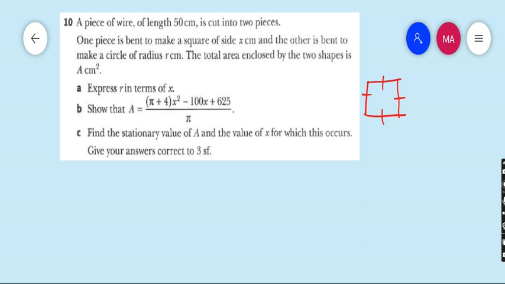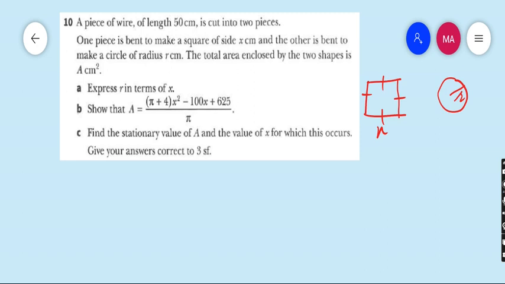And the other is bent to form a circle of radius r and length x. The total area enclosed by the two shapes is A centimeter square. Express r in terms of x.